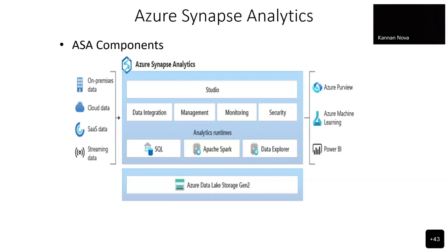Then on the right side, if you see, we have ML, Azure Machine Learning. See, this Synapse Studio directly connects to Azure ML. You can develop in Azure Machine Learning Studio and bring it to Azure Synapse Analytics, or you can develop everything under Azure Synapse Analytics.